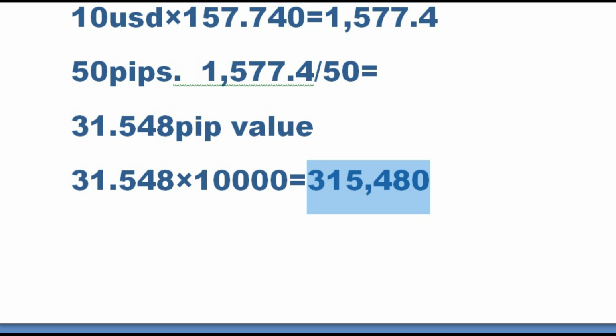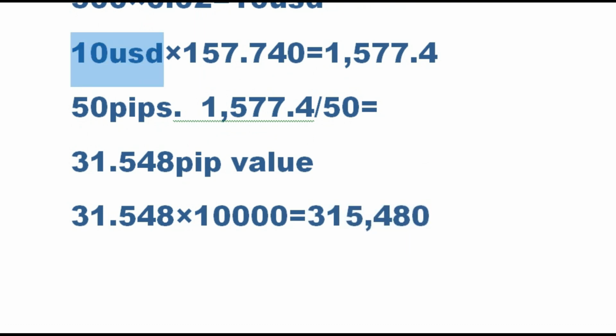But we need to know the correct lot size to apply so that we get this position size over here and we do not lose more than the $10 we risked per trade on our entire account.